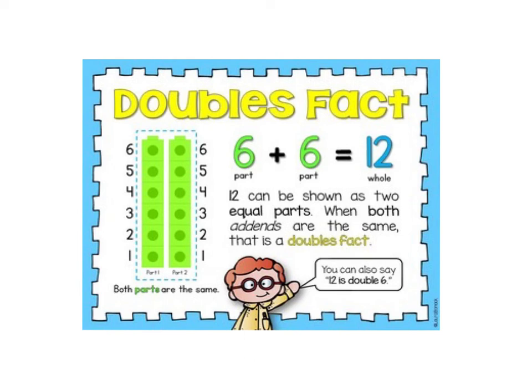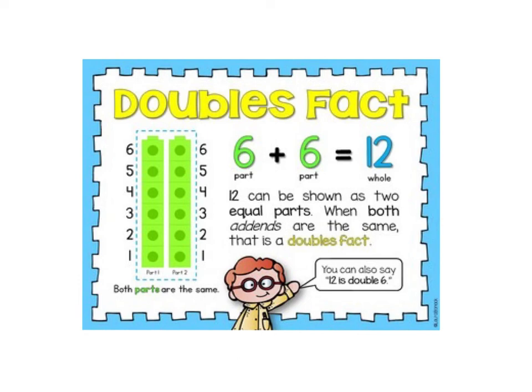So like we just saw on the last slide, how there was two of cartoon me and that there was double. With math, when we have double facts, that means there are two of the same number that we are adding together.